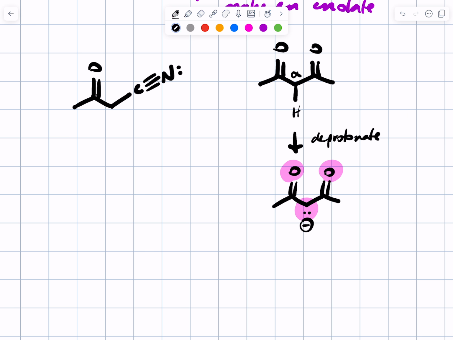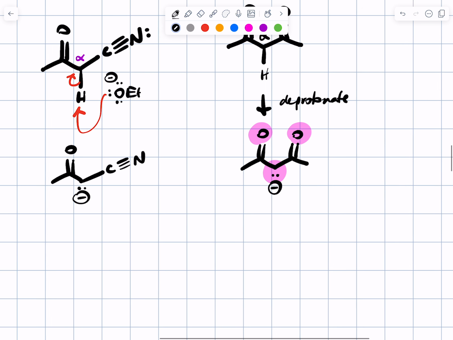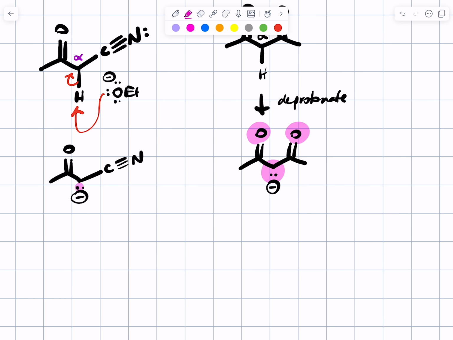Okay. Let's make the enolate from this alpha carbon and see if there's anything similar going on. We're using sodium ethoxide in ethanol, so this is our base. Sorry, here is the enolate. Now, most of you are going to see pretty clearly that this lone pair can be delocalized onto that oxygen, and that's good.